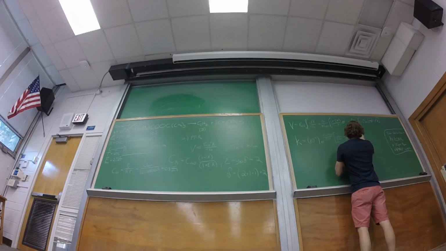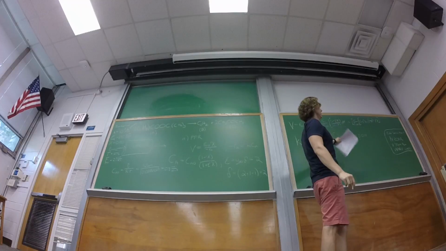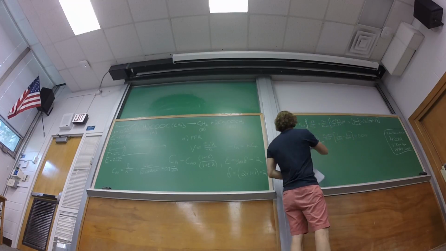Your new k at 127 degrees comes out to be 0.044. Now you have everything you need to solve for the volume of the PFR.